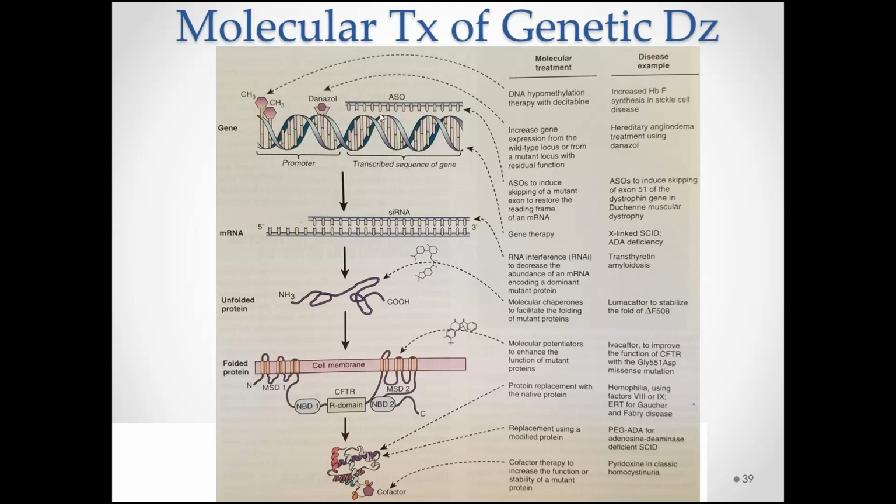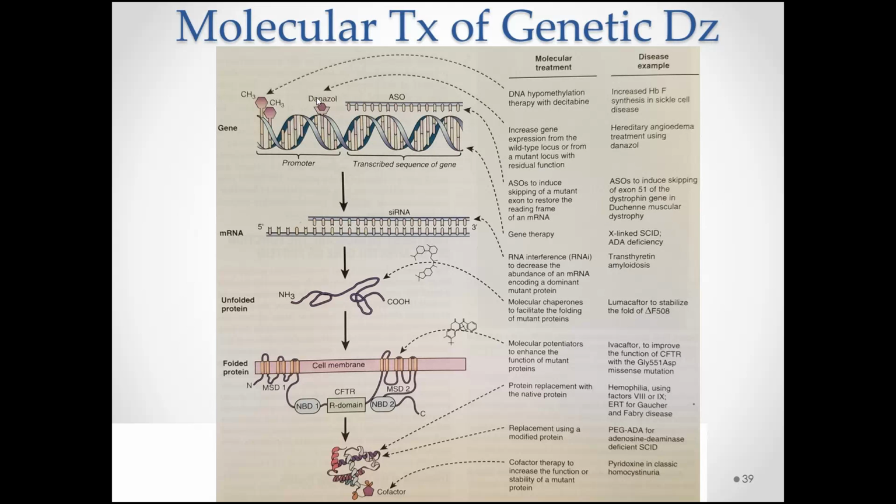But starting from the gene, working your way through the messenger RNA, through the protein, there are a number of different treatment options. This list gives you an idea of the scope of what can be done. DNA hypomethylation therapy with decitabine has been used to increase fetal hemoglobin synthesis in sickle cell disease and thalassemia.